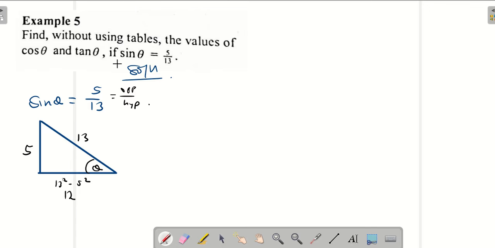So quickly we can start with cos theta. We know that cos theta is equal to the adjacent over the hypotenuse, and the answer is 12 over 13. But remember that here we were not specific. Find without using tables the values of cos theta and tan theta.